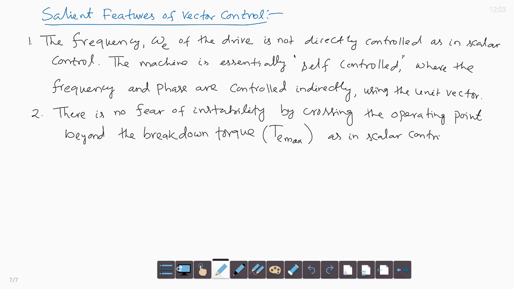In scalar control, there is a fear of crossing the breakdown torque and hence an instability condition, but in vector control, there is no fear of instability, limiting the total current.